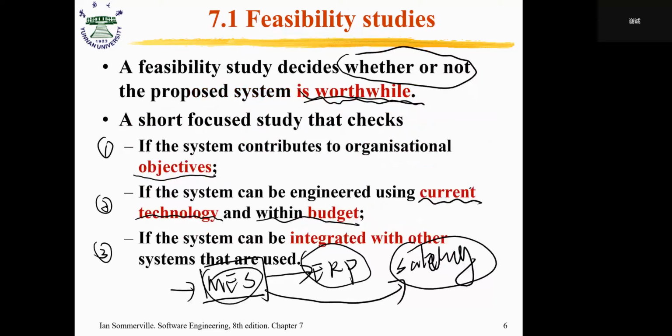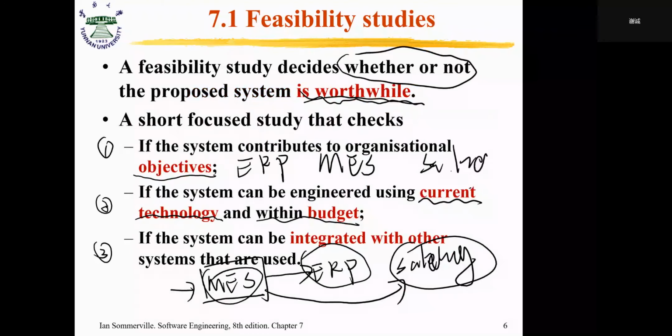Okay, some students ask me what is ERP, what is MES, what is the selling system. Everyone, I think you know what the selling system is, right? Suppose that your customer is a company. This company provides some products to sell in the market. So they must have a selling system, right?